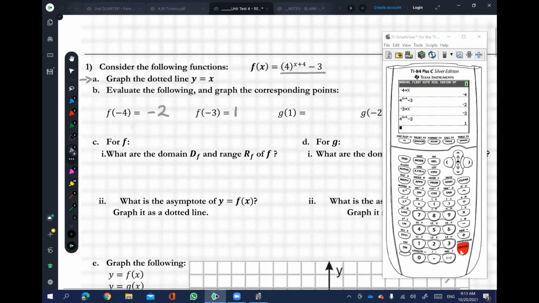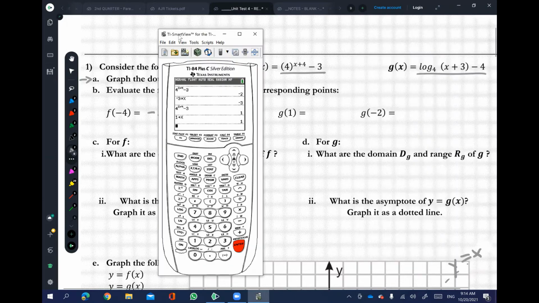I'm going to do the same thing for g of 1. I'm going to first store 1 into x, and then I'm going to type the formula for g of x. To have access to a logarithm base 4, you have to type alpha window 5.